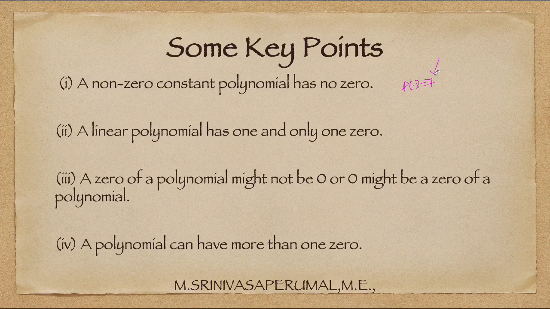There is no variable here. For these types of polynomials, the number of zeros is zero. The next one, a linear polynomial has only one zero. Comparing with the previous example, x plus 2 is equal to 0.